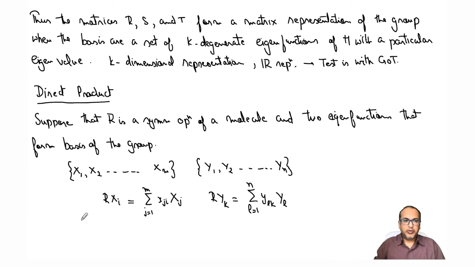So now how do we write the direct product of the two basis sets?